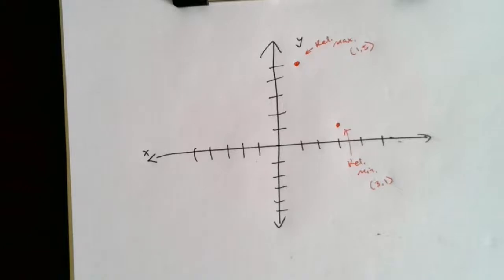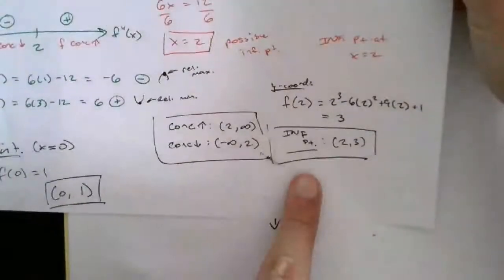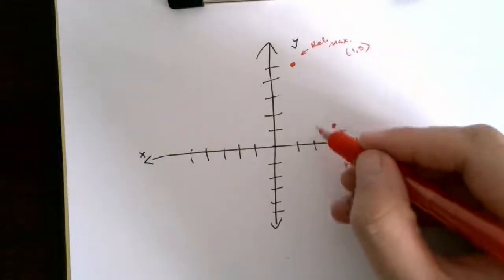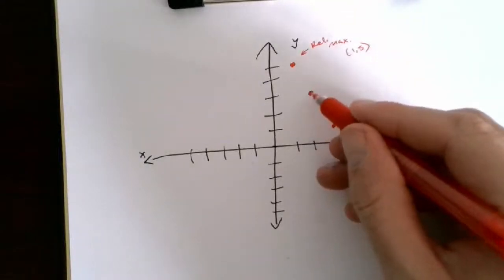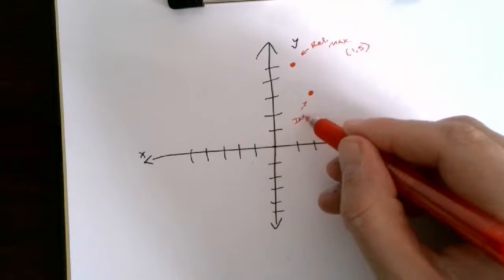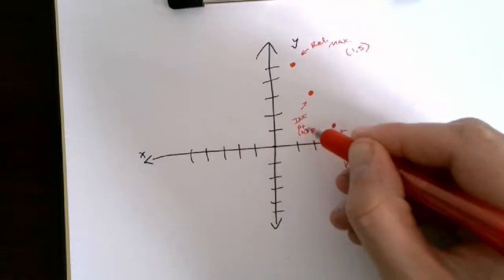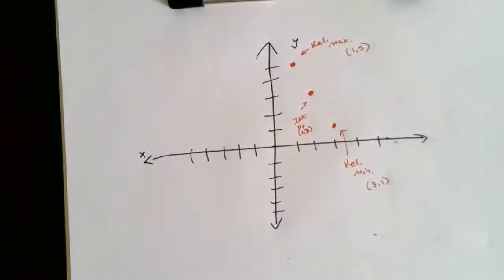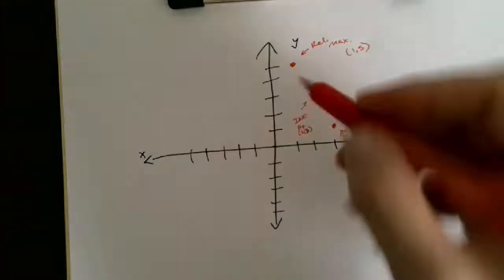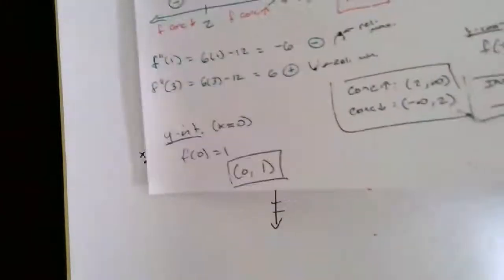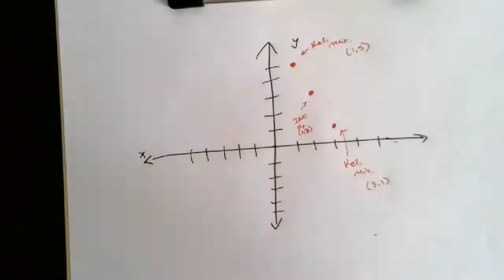That was at the point 2, 3. So the x value of 2, the y value of 1, 2, 3. So that's the inflection point at 2, 3. And we found the y-intercept. So the y-intercept was 0, 1. That was the last piece we found. Subbing x equals 0 in, you get a y value of 1.